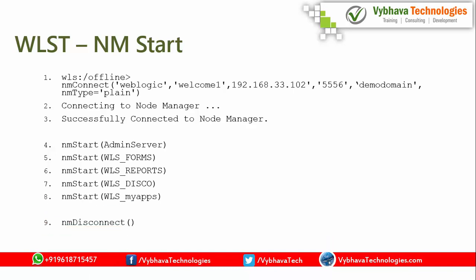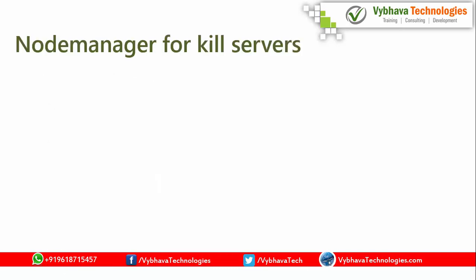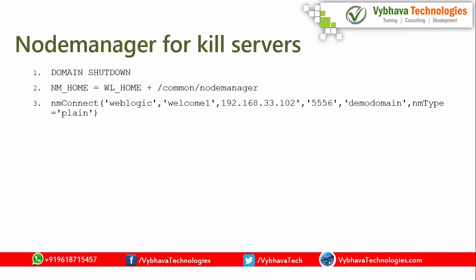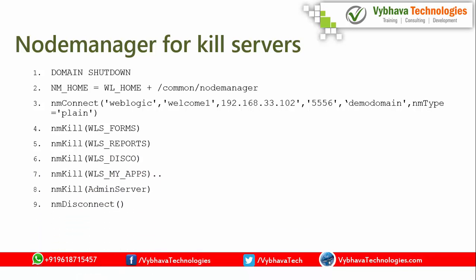Once this sequence of servers is started, you can disconnect from your WLST prompt. Similarly, opposite to the start sequence, we have a shutdown sequence. In the shutdown sequence, first you connect to the node manager, and with nmkill you can stop the servers. First stop the managed servers, then stop the admin server, then disconnect from the node manager and exit from WLST.